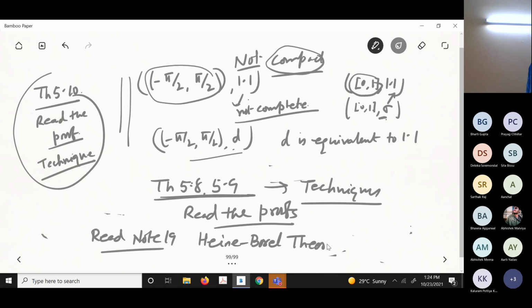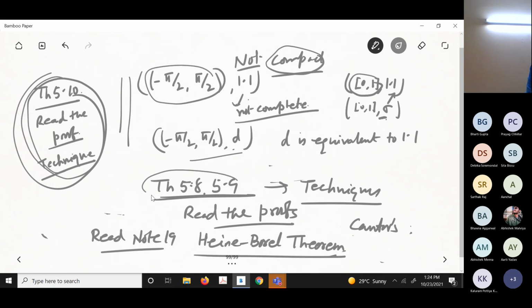So I am giving the proof of the Heine-Borel theorem, an elementary proof, by using Cantor's intersection theorem. If you use sequential characterization, you can easily prove it, but to get this result, I needed these two big results.